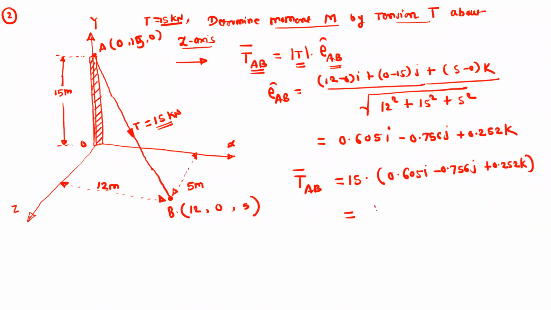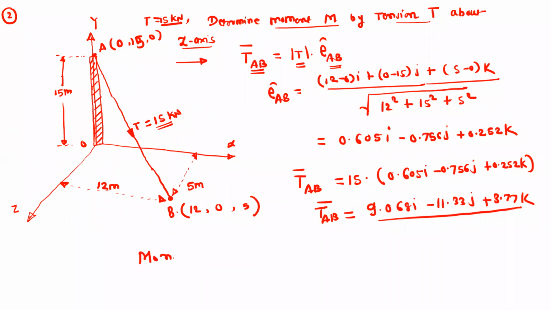This is equal to 9.068 I minus 11.33 J plus 3.77 K. Okay, so check this answer. This is the tension vector AB bar. Now next we have to find the moment.